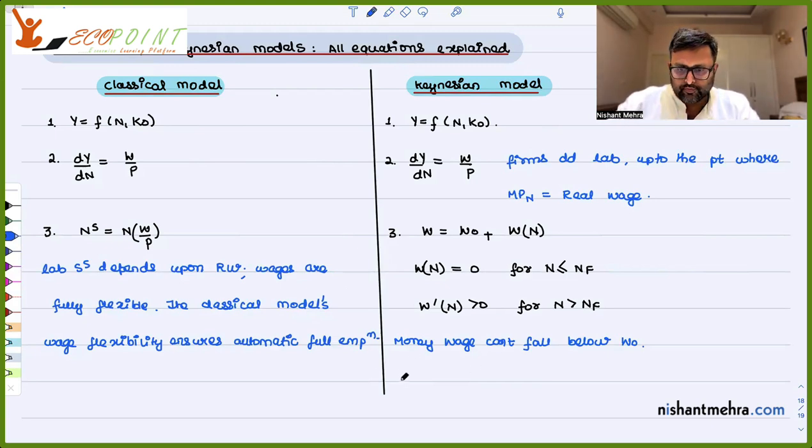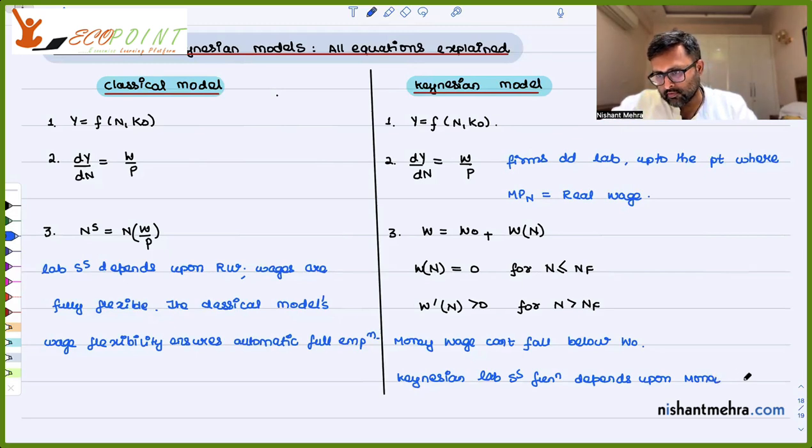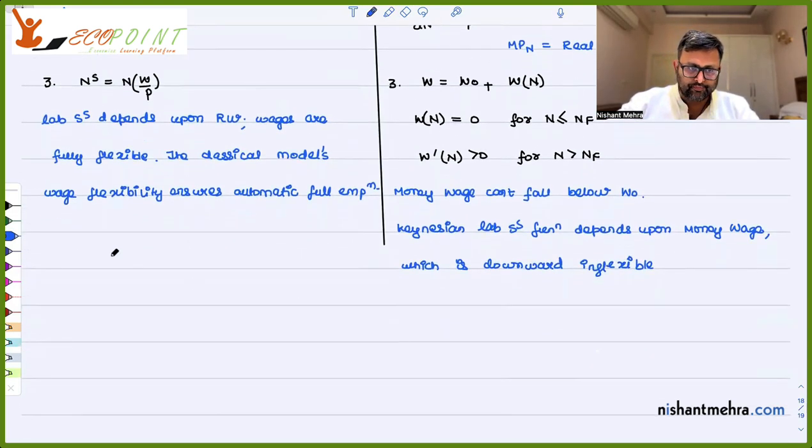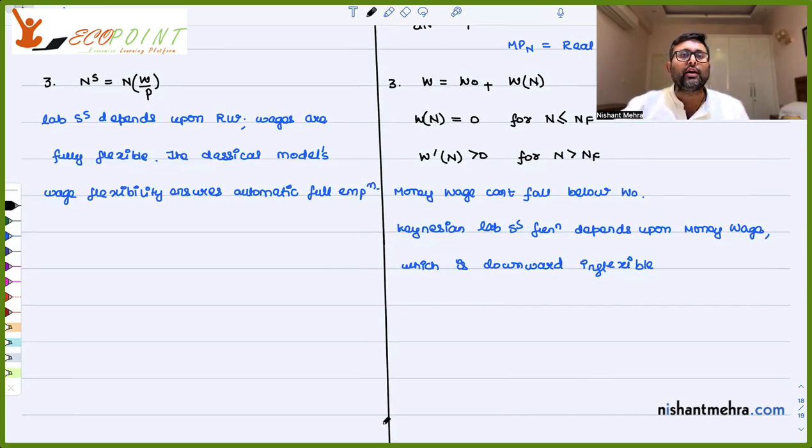So the Keynesian labor supply function depends upon money wage, which is downward inflexible.